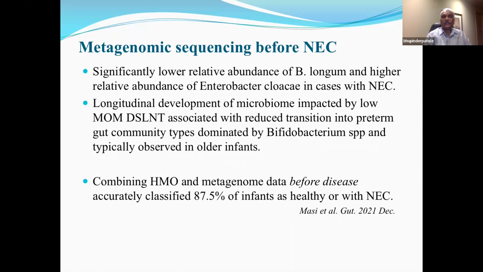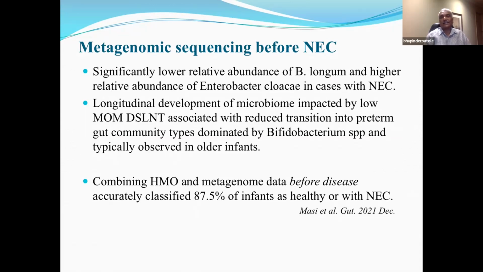And at the end of this slide, you can have a look that they did something called the random forest analysis, a complicated term that we use in bioinformatics studies. So basically what it means is, if you combine the human milk oligosaccharide composition data with the metagenomic data from the fecal bacteria before the development of NEC, this particular pathway was able to accurately classify infants as healthy or with necrotizing enterocolitis at a level of nearly 88%.